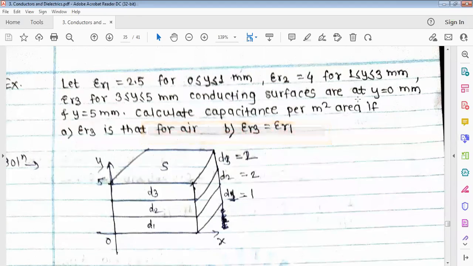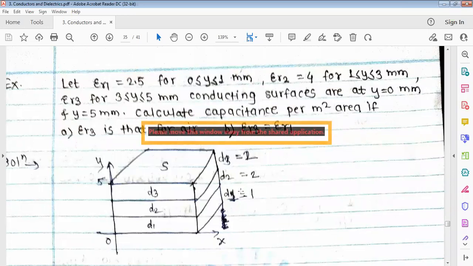Then for this d1, epsilon r1 is equal to 2.5. Then from 1 to 3, up to this point it is 1, up to this point it is 3, the second layer is here, and that distance d2 is equal to 2, right?